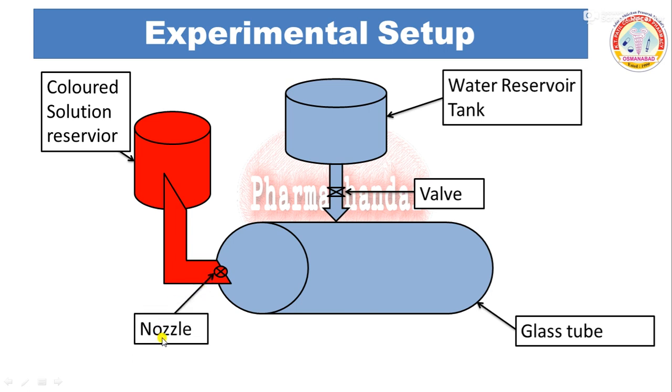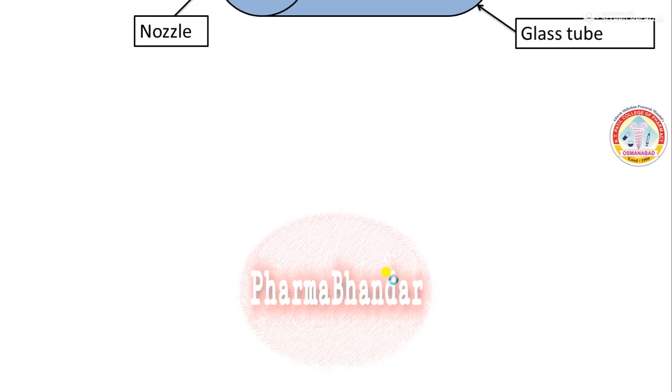The use of this nozzle is to introduce the colored liquid in the form of a fine stream in the glass tube, as shown in the figure.